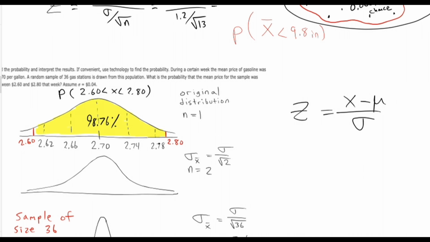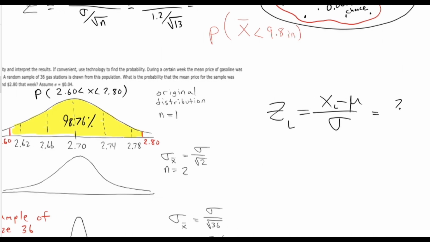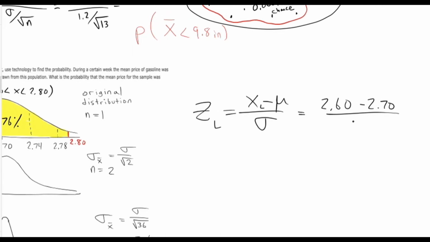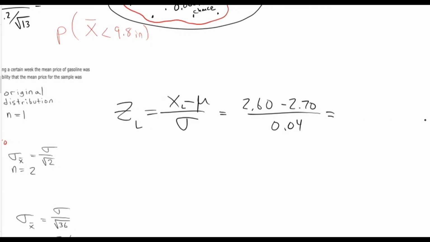So if you do this for the left side and the right side, you'll get 260 minus 270 over 0.04. So that's just negative 2.5. And then if you do it for the right side, you'll get positive 2.5.